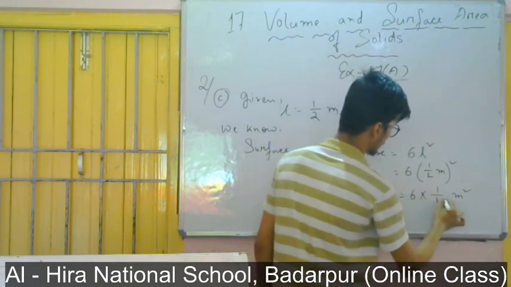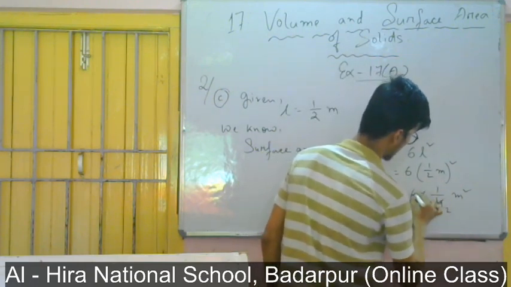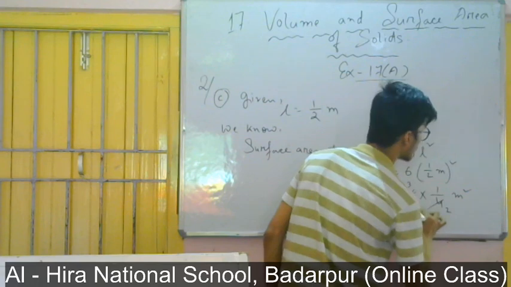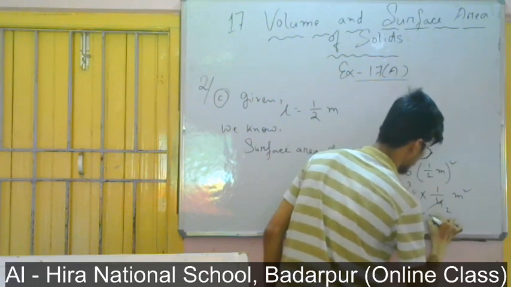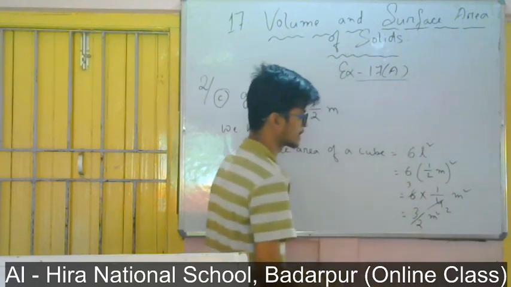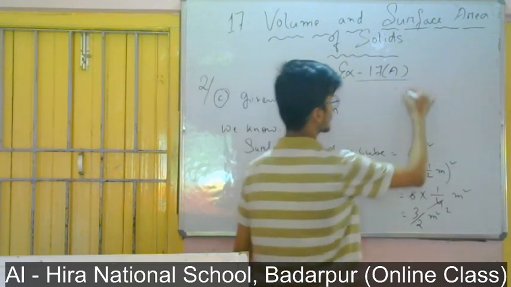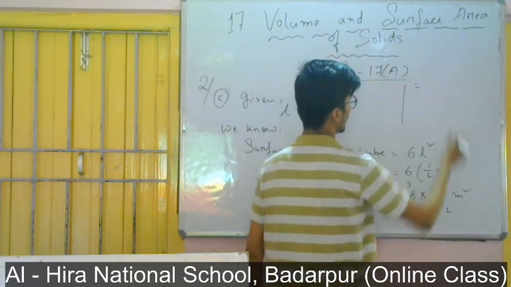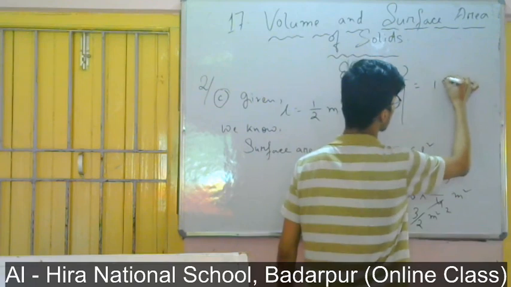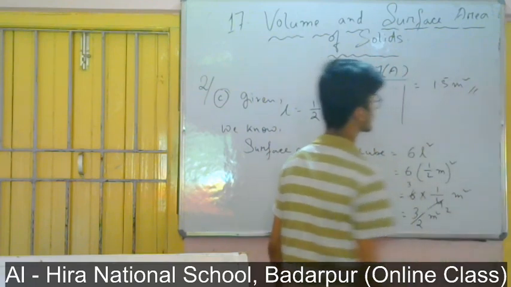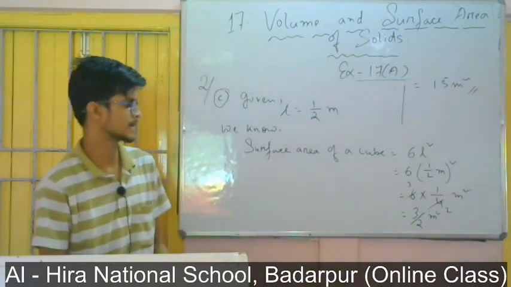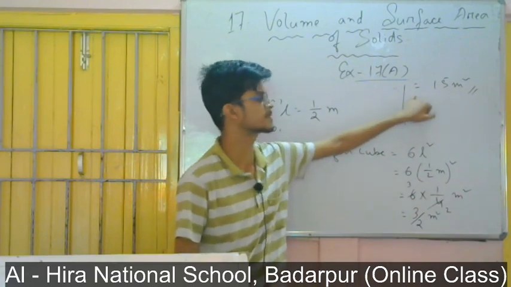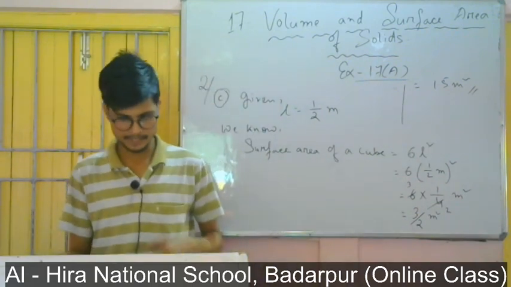If I cancel this one, 2 2s are 4 and 2 3s are 6, that means 3 by 2 meter square. So 3 by 2 means 1.5 meter square. So the answer will be 1.5 meter square.